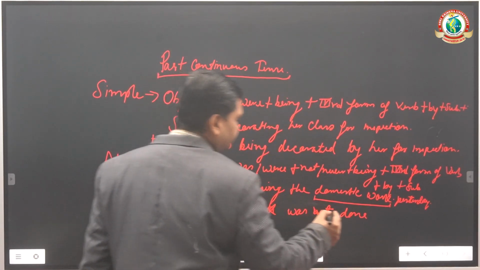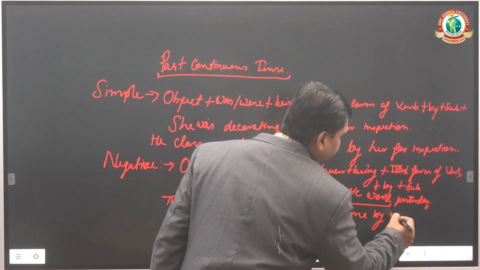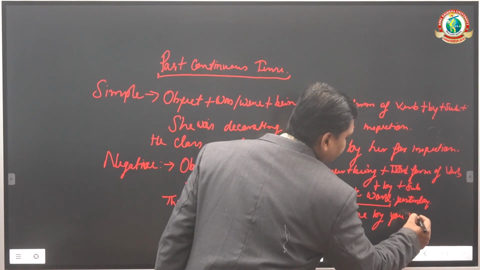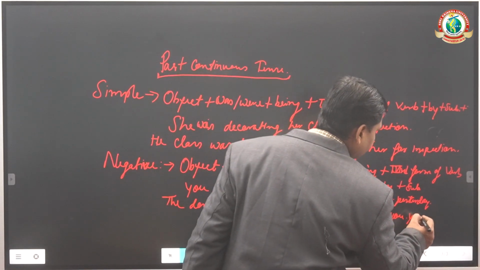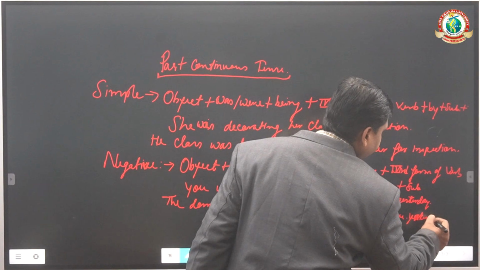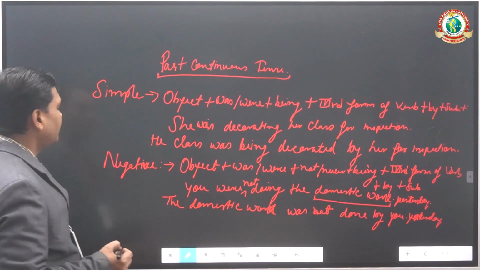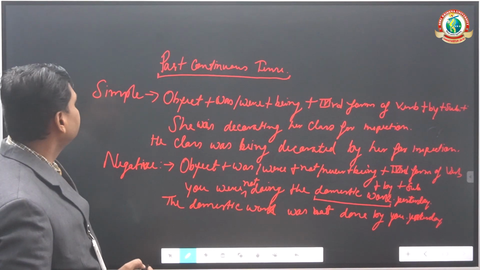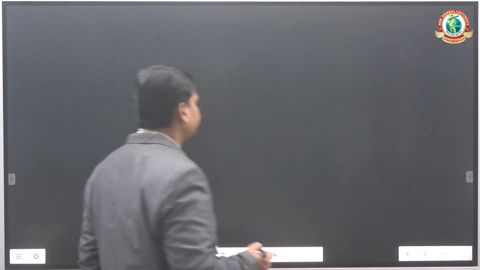You would be the same, were done by you yesterday. This is the negative form of past continuous tense, simple negative, and after that interrogative.